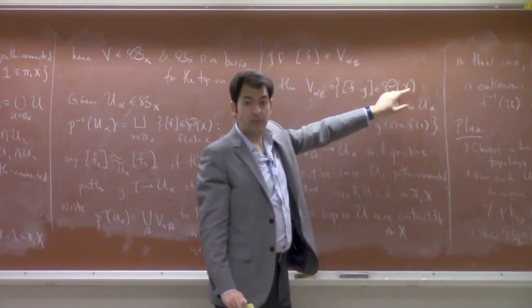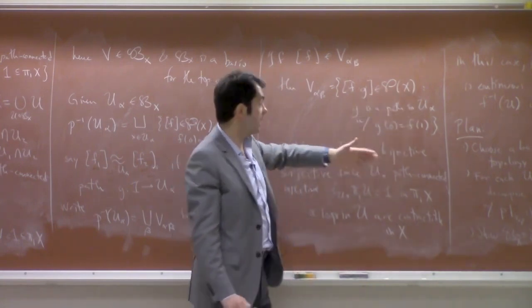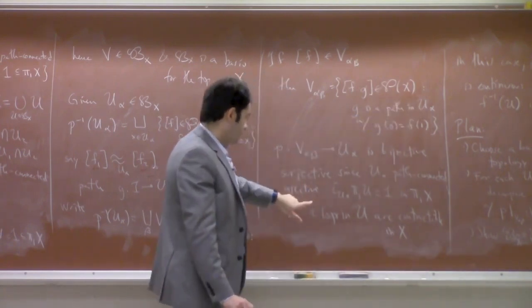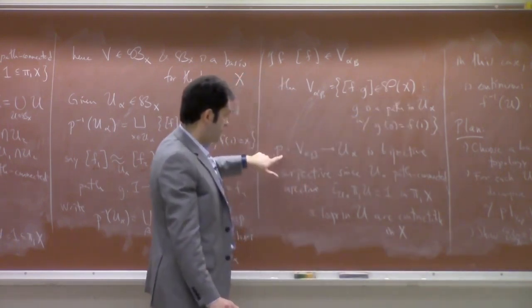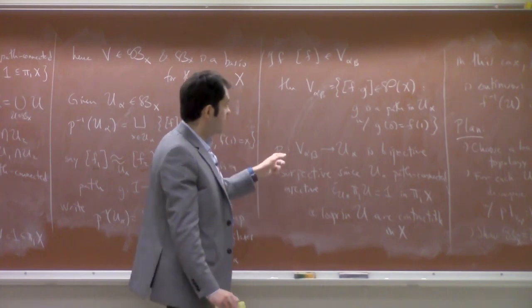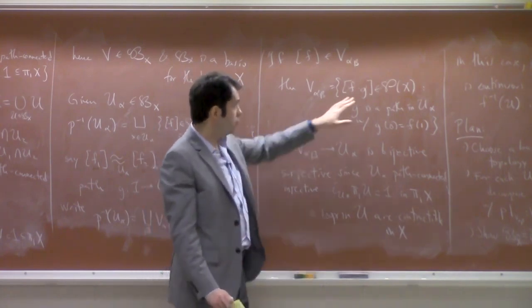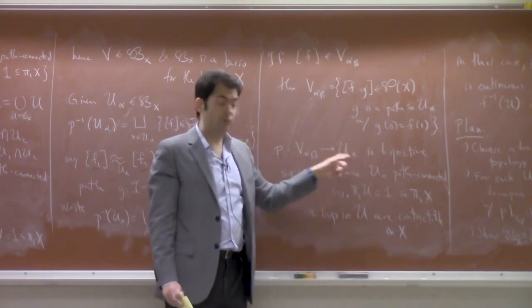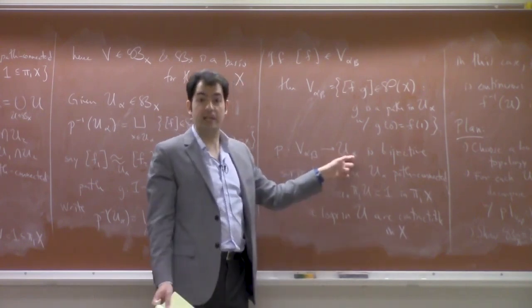X, right? So I'm allowed to do any homotopy I like anywhere in X, right? So to show that it's injective, assume that you have two elements here that map to the same point in U alpha, right? So this map is just looking at the right endpoint.